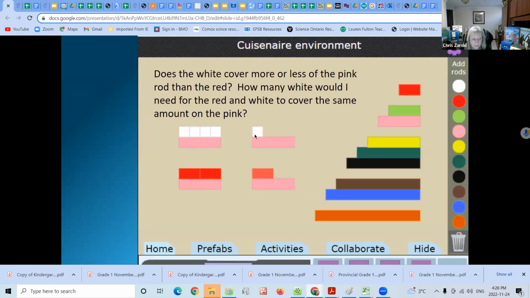So I might even ask questions like, does a white cover as much or less than a red on top? So I'm getting to length, but I'm also going to get to quantity in a second. Well, it's less, definitely. How many whites could it take to make a red? 2. In the end, if I wanted them to count what is on here, then I can simply turn a grid on in the background.